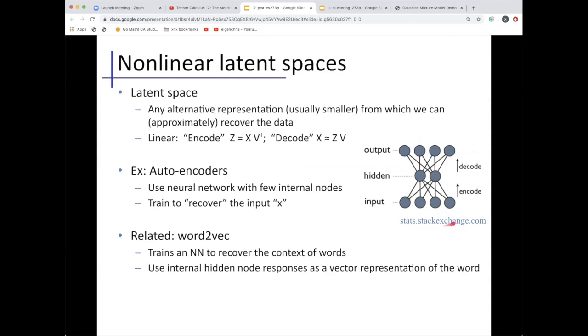By doing that, essentially, I try to find a representation of X through a lower dimensional number of nodes, and then I can also reconstruct X. You have encoding layers of the network that encode the input using lower dimensional features, and then you decode them to reconstruct them. The way you train them is to make sure the output is the same as the input. You can formulate a loss function this way, and then you can train the model.